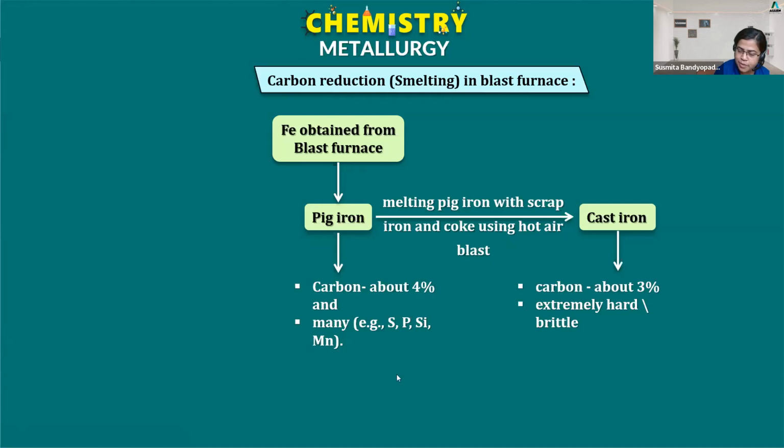Because here, when you pass a hot blast of air, a lot of impurities will get oxidized. You will see the impurities getting oxidized. So the percentage of carbon has come down to 3%.